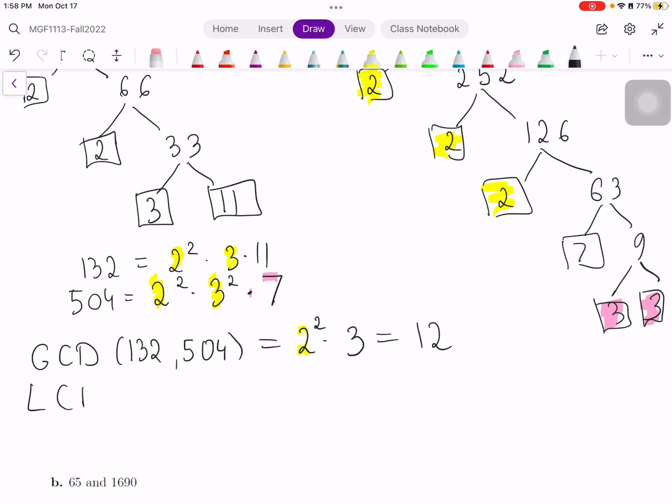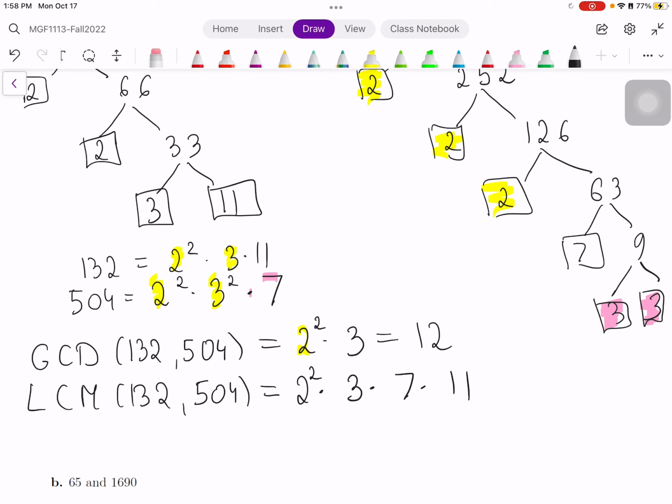Now, least common multiple. Having the prime factorization, I go with all the factors, even the not common ones. So all the bases: I see 2 in both of those prime factorizations, 2, 3, 7, and 11. If I see some prime base appearing more than once, like for example 2, this time I go with the bigger power.